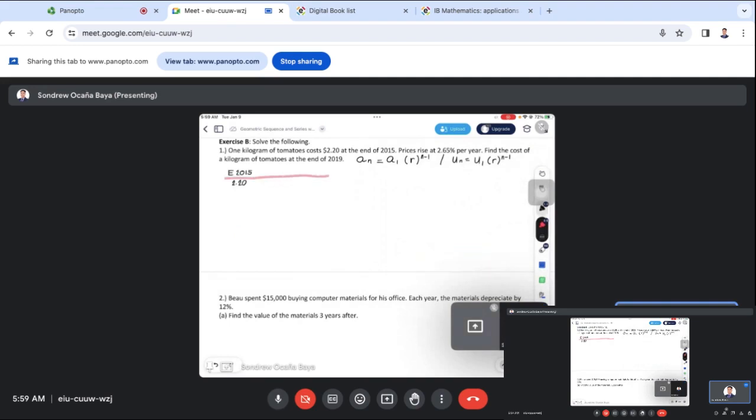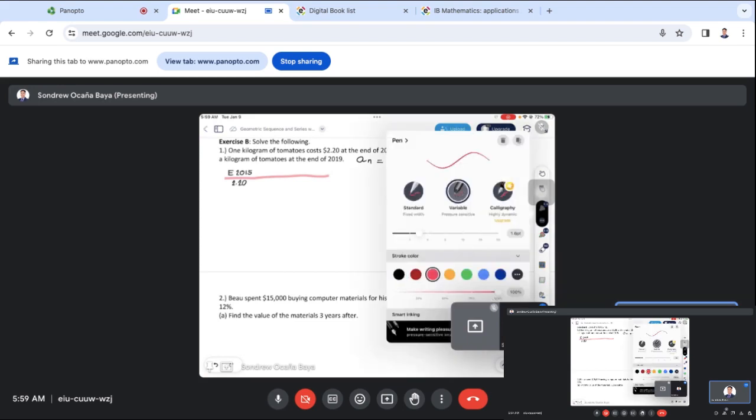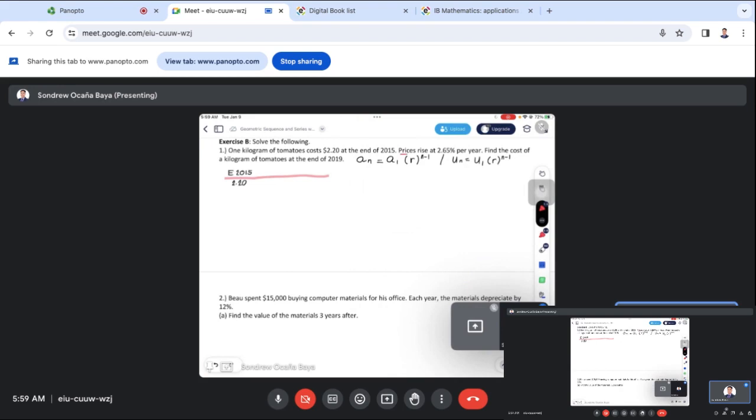All right. And then the question is we wanted to find the cost at the end of 2019. Now, take note that it's mentioned here that prices rise at this particular rate, which is 2.65%.